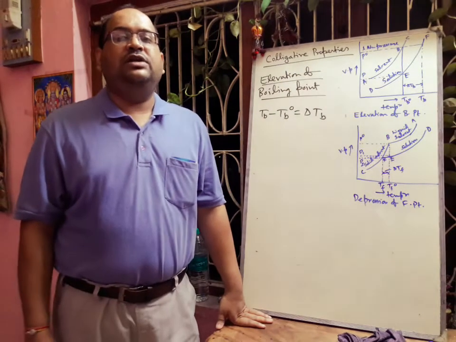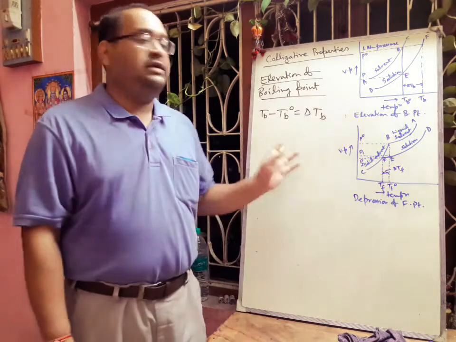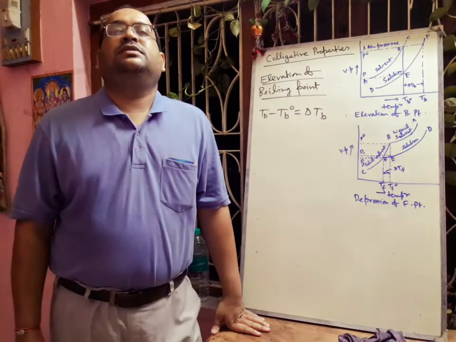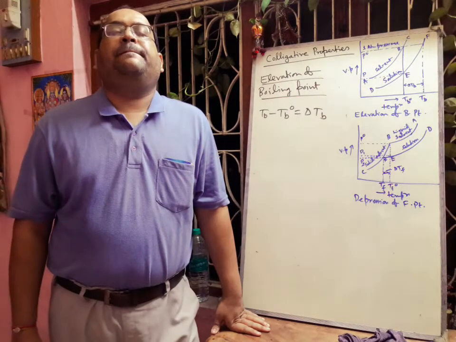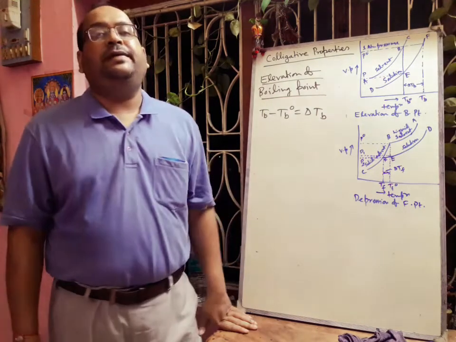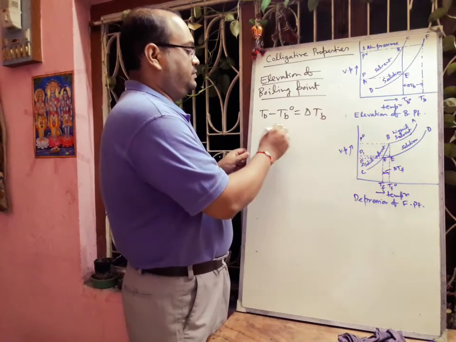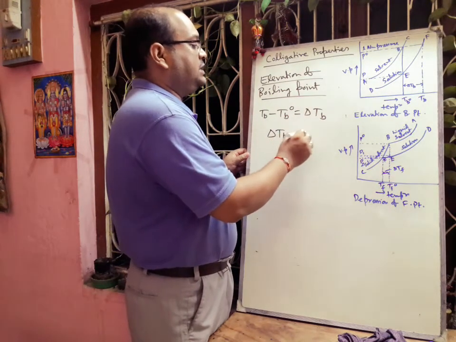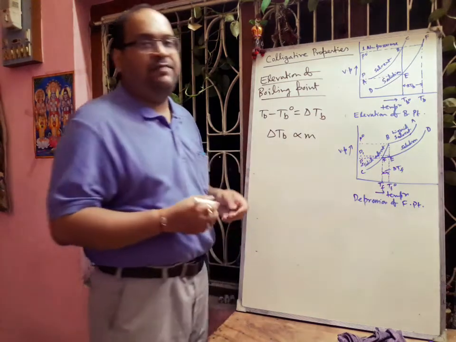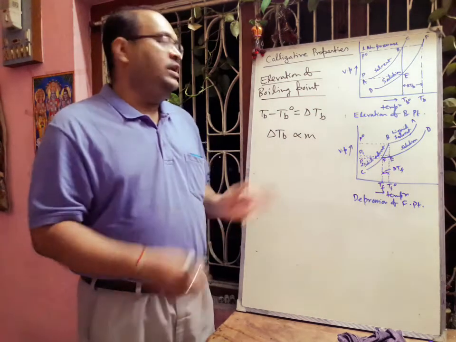So next we will discuss that delta TB is proportional to M. Actually from experiment we find that.